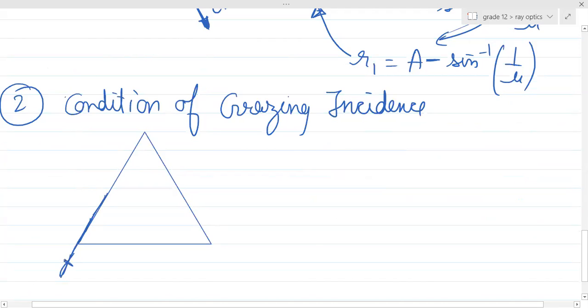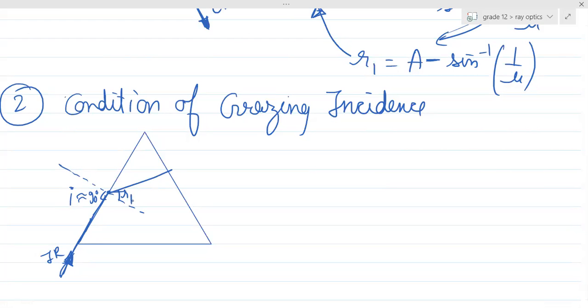So here the incident ray will be grazing along the surface, and then if it grazes like this, angle of incidence is equal to 90, and R1 will become the critical angle.